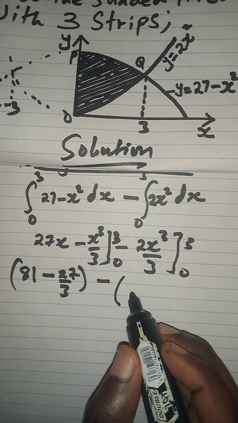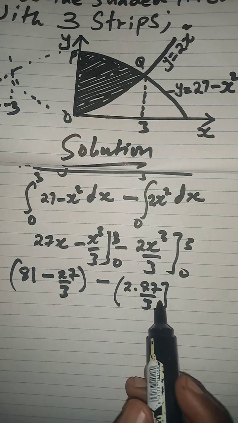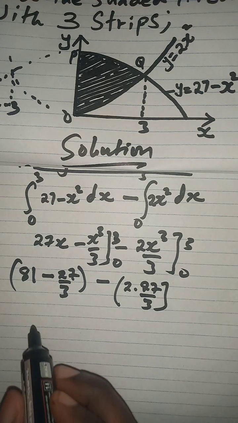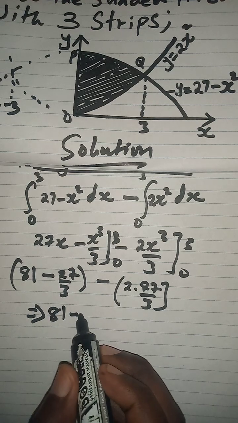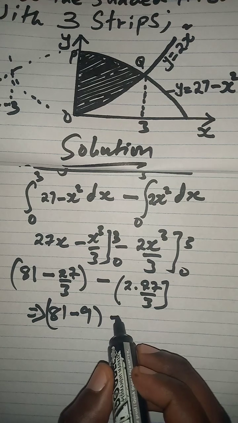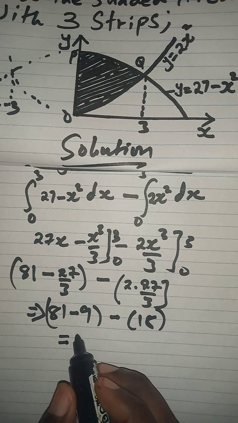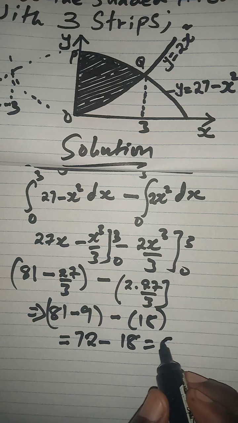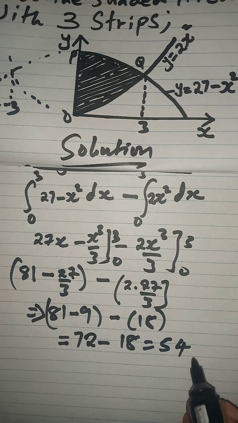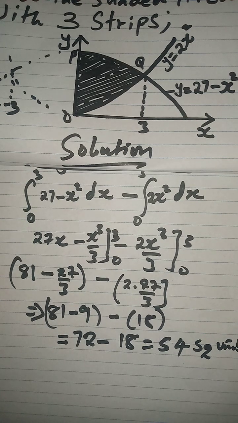On the other side, I get 2 multiplied by 27 over 3. Solving further, I get 81 minus 9, subtract 18, which gives 72 minus 18. The area becomes 54 square units. That is using the integration method.